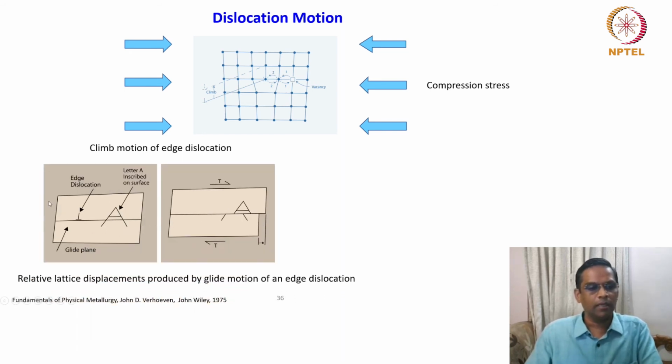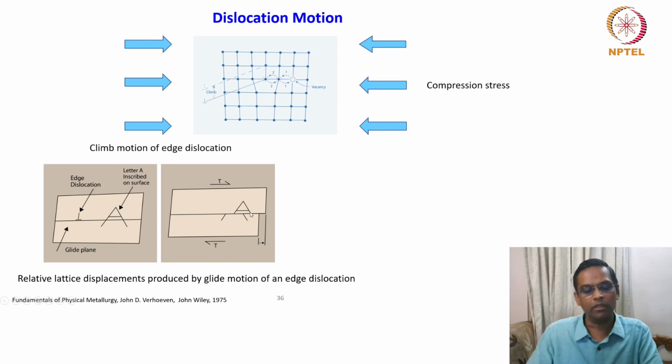Okay, this very interesting schematic gives an idea of what really happens if the edge dislocation moves in a lattice, and what the consequence is. The edge dislocation comes and cuts through the letter A on the glide plane, and it makes a shift.